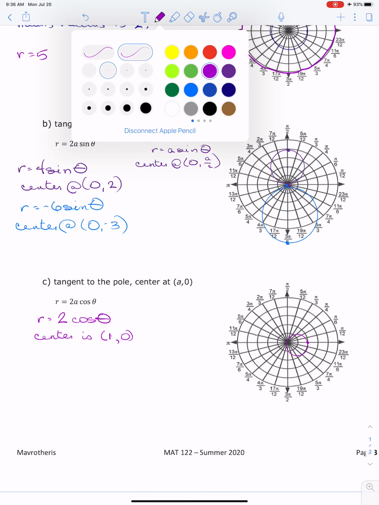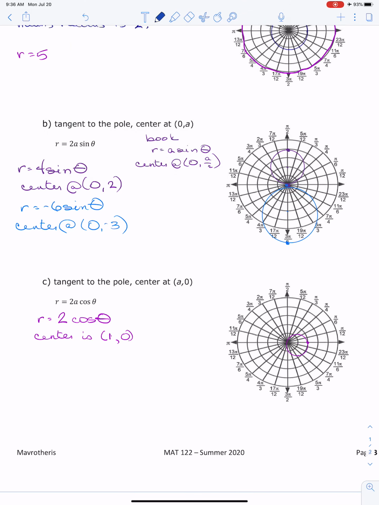And so if we want a circle that's going the other direction, what can we use? R equals negative 4 cosine theta. We know our center is at negative 2, 0.